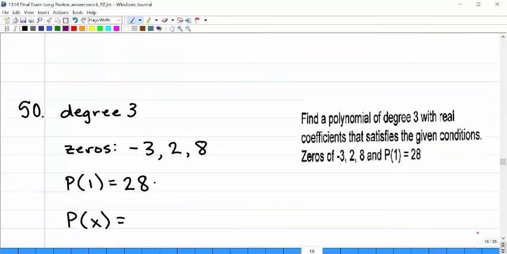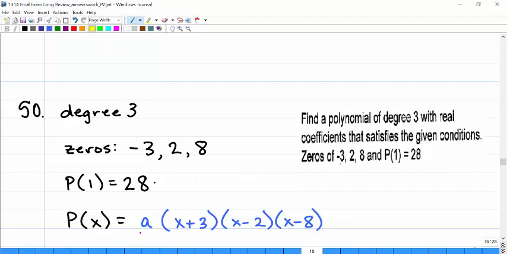For number 50, I want to find a polynomial of degree 3 with real coefficients that satisfies the given conditions. They give you the 3 zeros of -3, 2, and 8. And they also tell you that p of 1 has to be 28. So my polynomial, I'm going to write it as a times x minus -3 times x minus 2 times x minus 8.